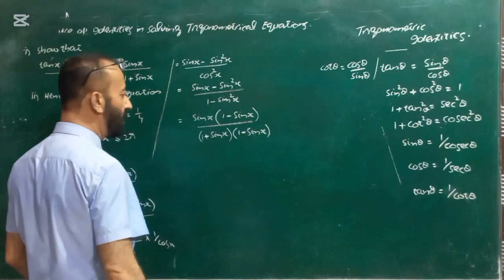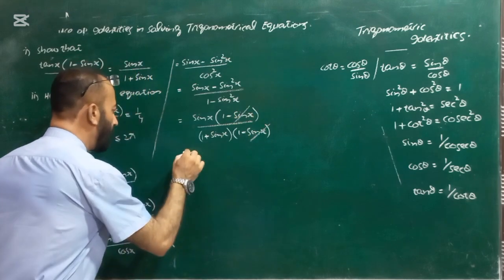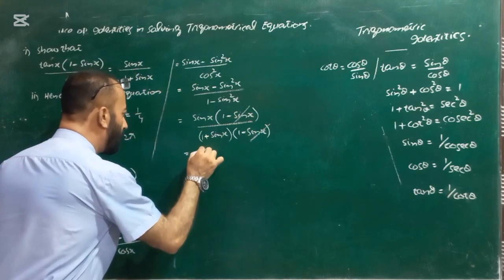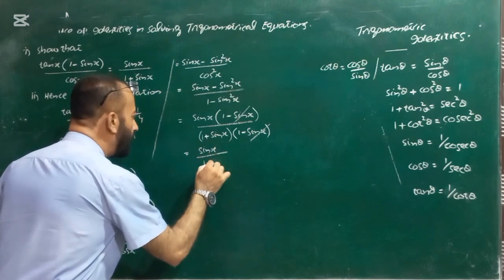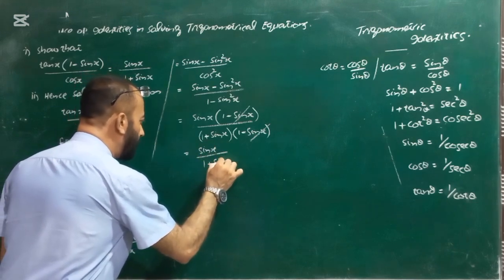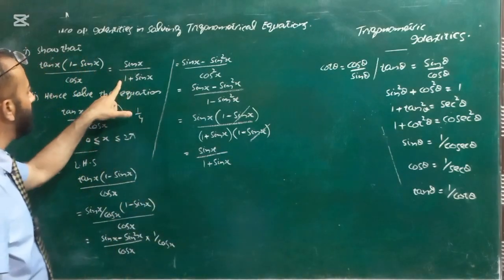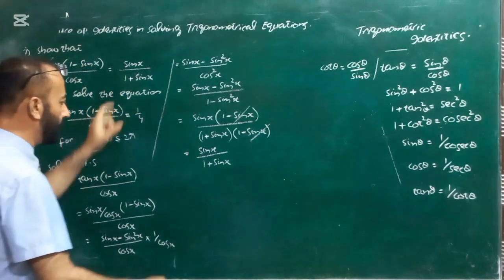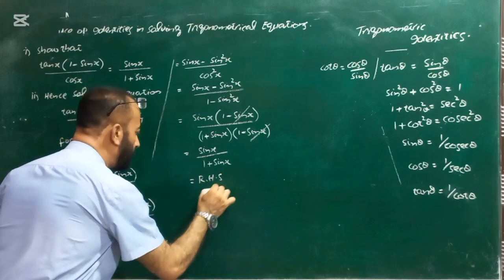The benefit of this will be that this bracket will cancel with this one. So sin x over 1 plus sin x is the remainder, which has been proved equal to the right hand side. So the first part is done.